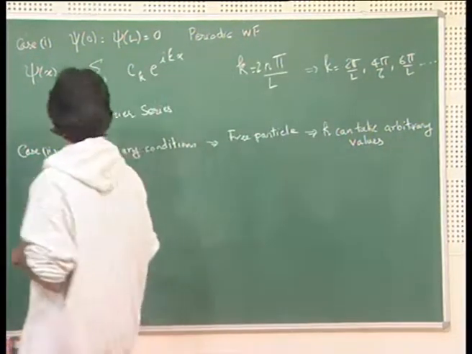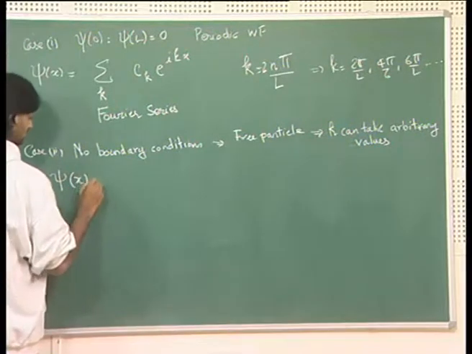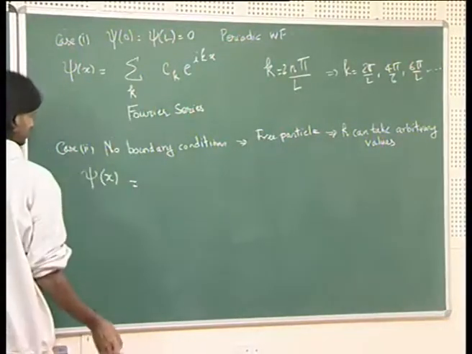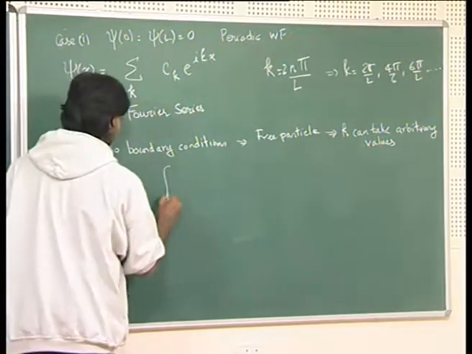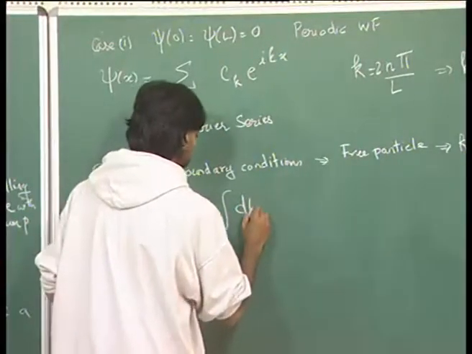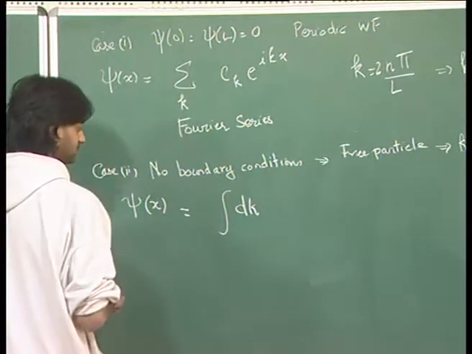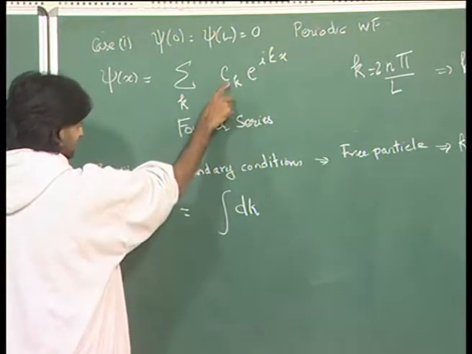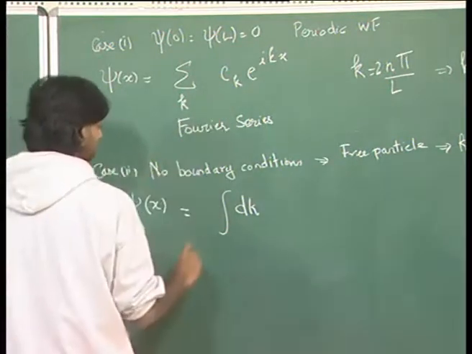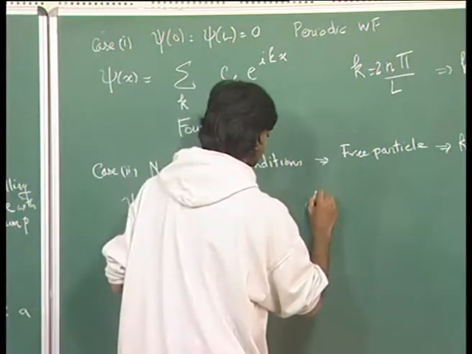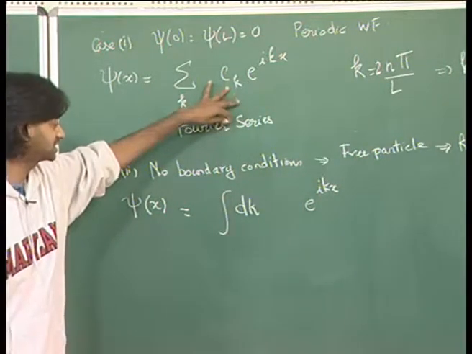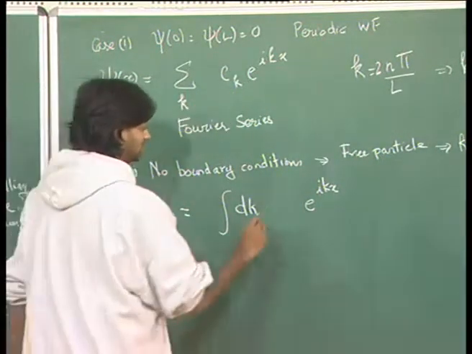Since k can take arbitrary values, your sum over k can be continuously varied, so your sum over k becomes an integral dk. Now, since k is continuous, I can write c of k as e to the i k x, and instead of c of k varying continuously, I will just call it some function of k.